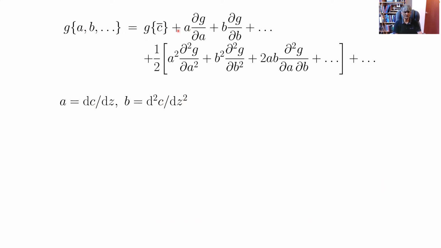So this is the free energy per atom if you have a homogeneous solution with a concentration C bar. And these are the terms which arise because of the gradient itself, and this is because of the second derivative of the gradient.